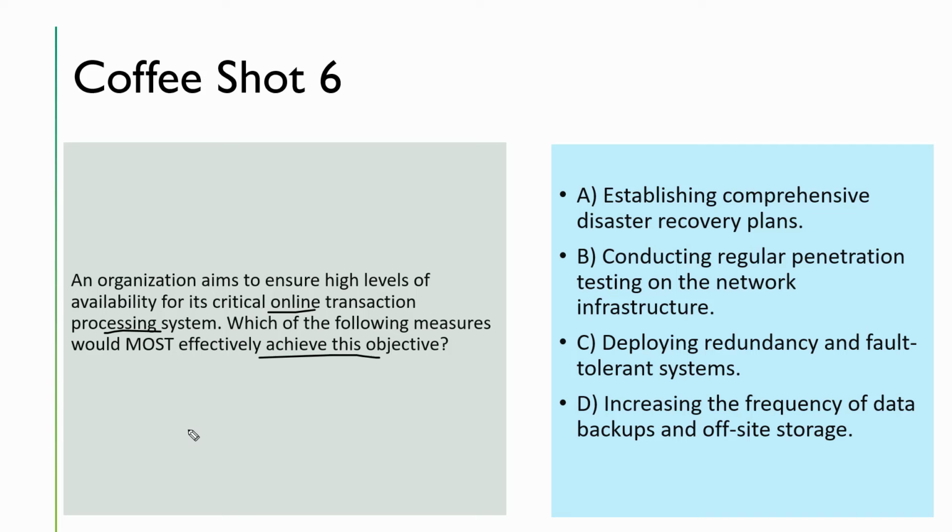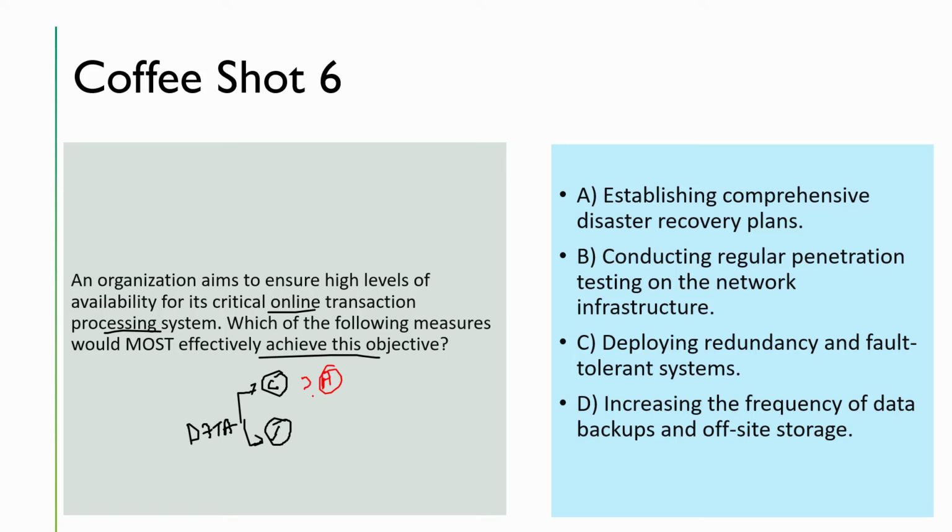We have two types of data. One is called critical, and one is called sensitive. Criticality deals with the availability of data.